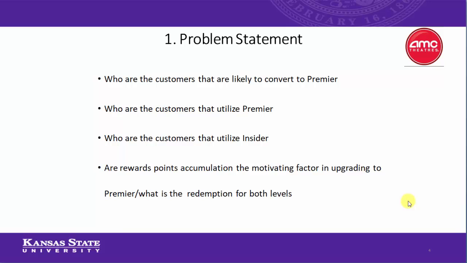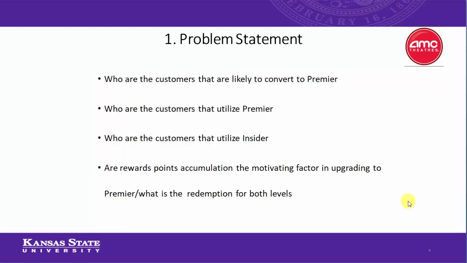Insider members will earn 20 points for every $1 spent, while Premier members earn 100. Once a member earns 5,000 points, they are eligible to activate a $5 reward. This reward can be used to purchase tickets, concessions, and membership renewal.